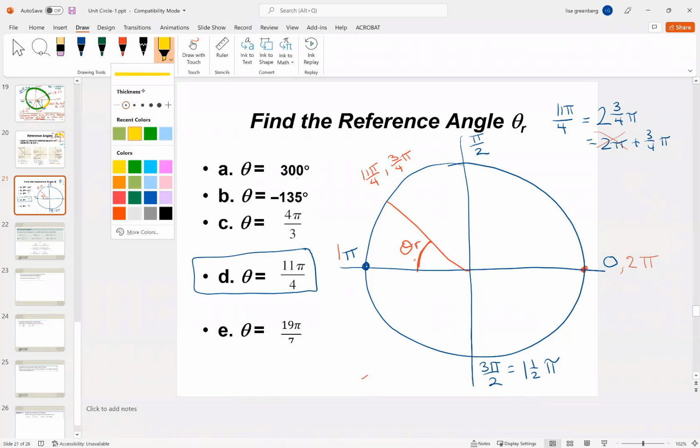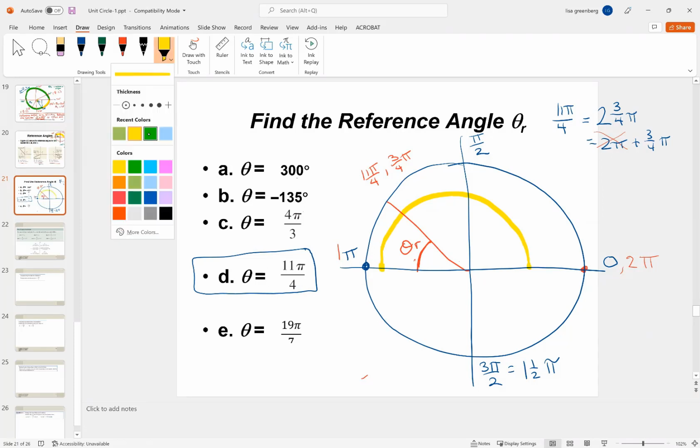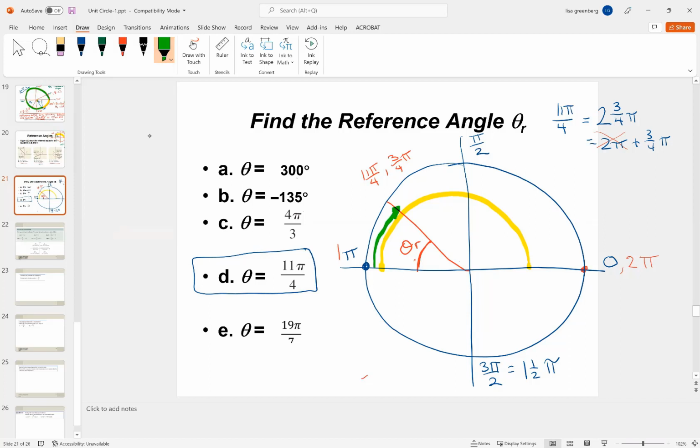So I'd start here and I go all the way around to pi. That's positive pi. But then I'm actually in quadrant 2. I'm backing up how much? I'm backing up pi over 4 because pi minus pi over 4 is 3 pi over 4, or you could say pi minus 3 pi over 4 is pi over 4.